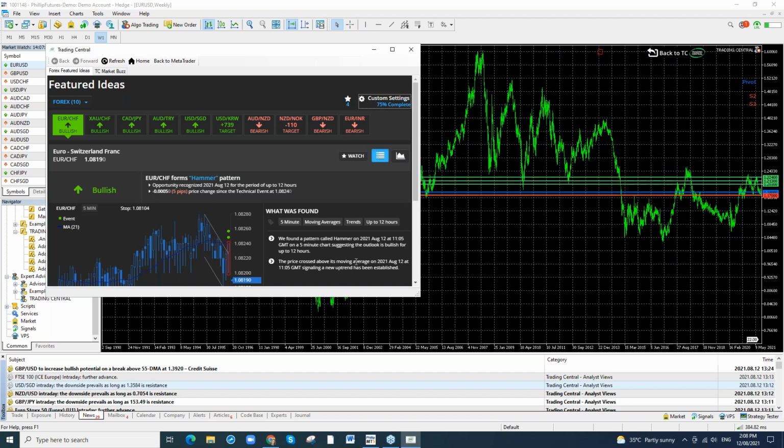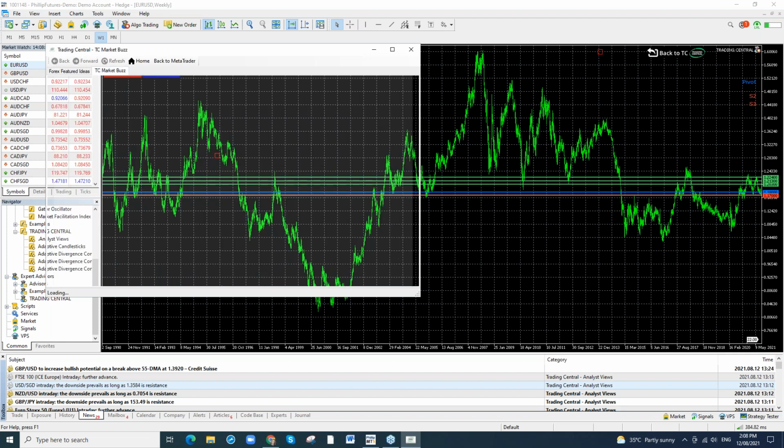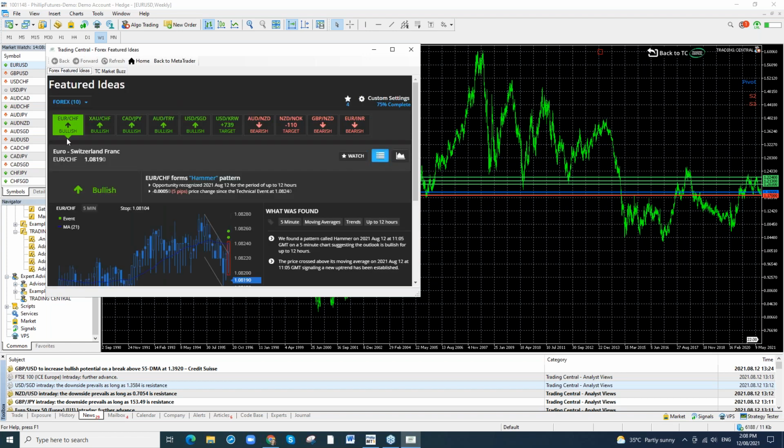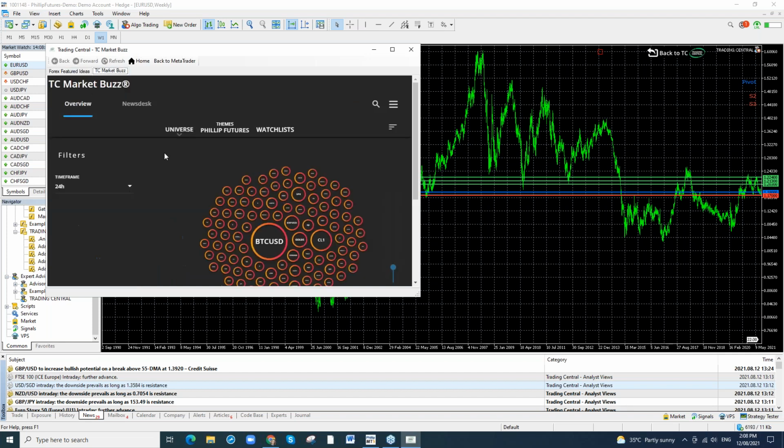If you are looking for some additional validation, maybe you want to check the market buzz. For example, on Forex Future Ideas, we see that this is a great opportunity here on Euro Swiss franc. We can search Euro Swiss franc here. Oh, sorry.